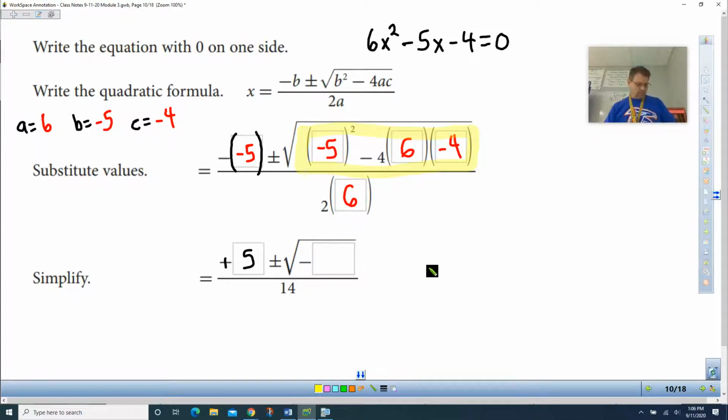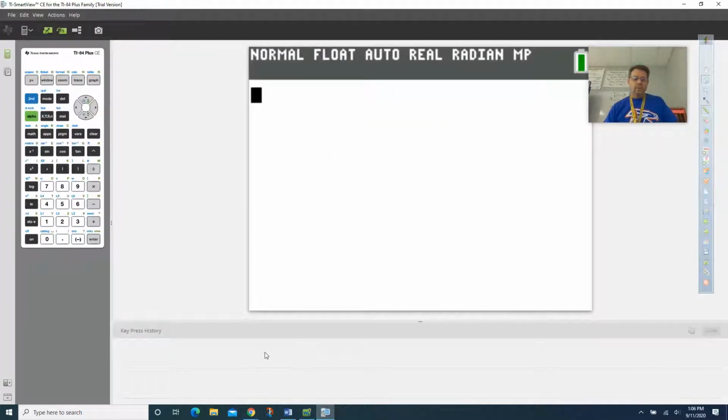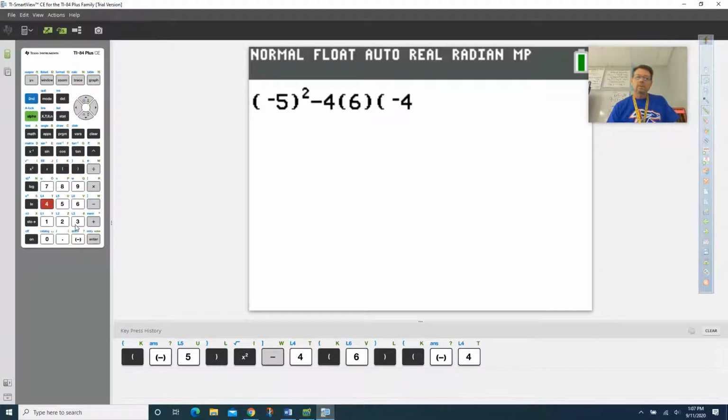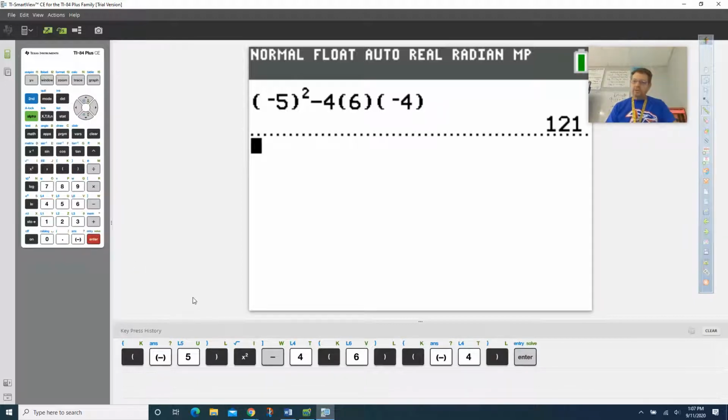Okay, all right. So we got this. So I grab my calculator and I'm going to go open parentheses. What does it say in the parentheses? It says -5, close, square, right? -4, open, 6, close, open, -4, close, enter. 121.